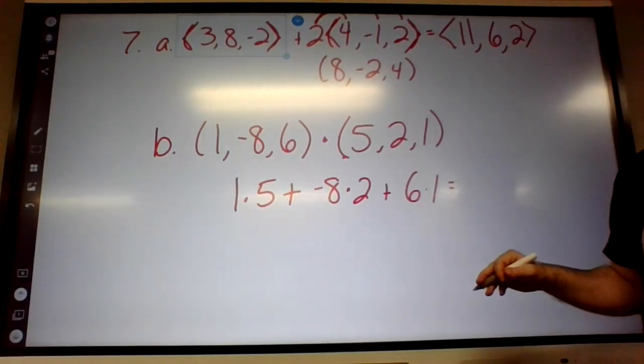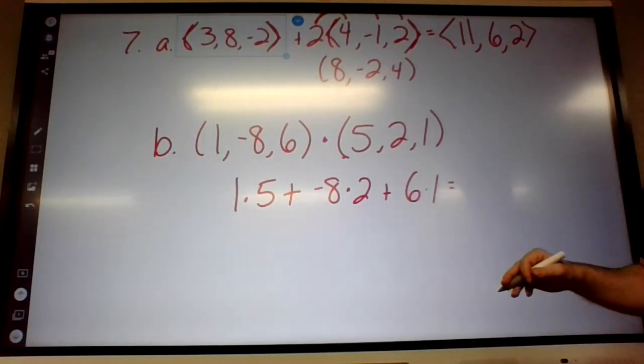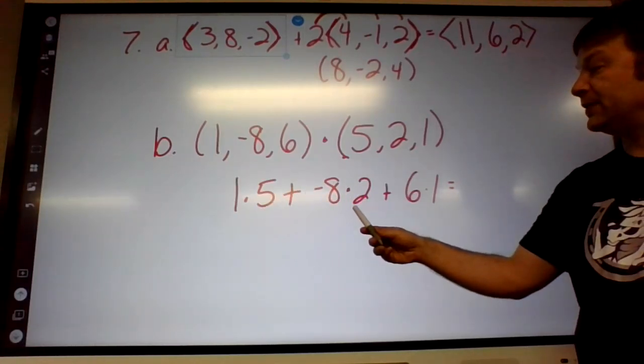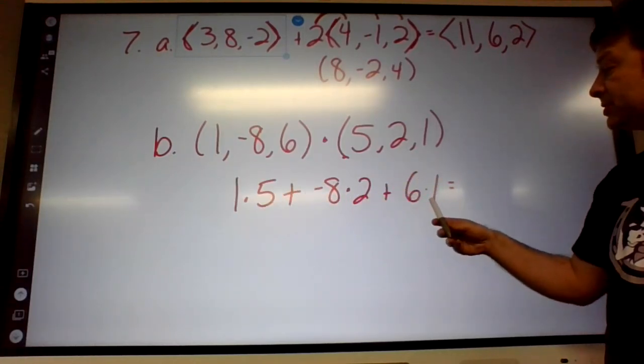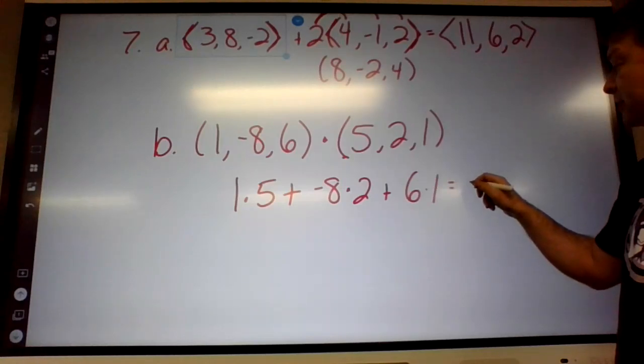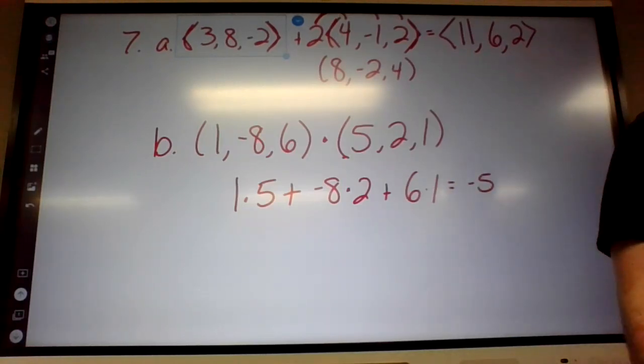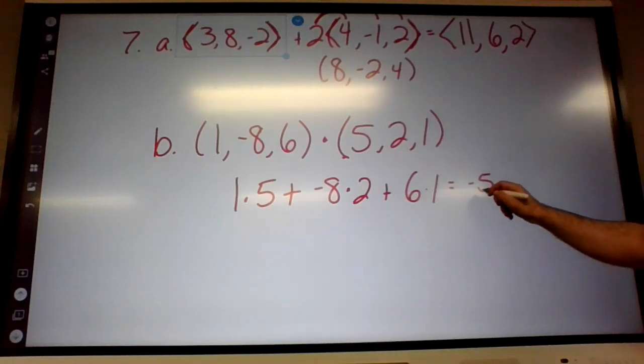Hmm, I did that differently. Alright, so 5 plus negative 16 is negative 11, plus 6 is negative 5. I didn't add them differently. Okay, you have to add between.